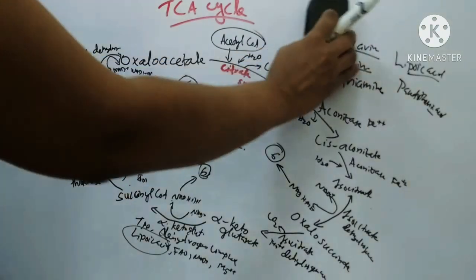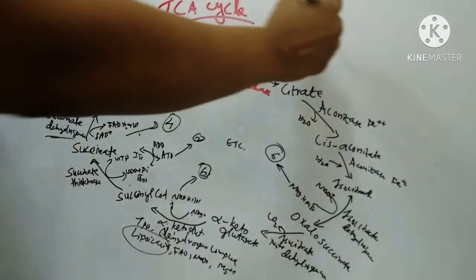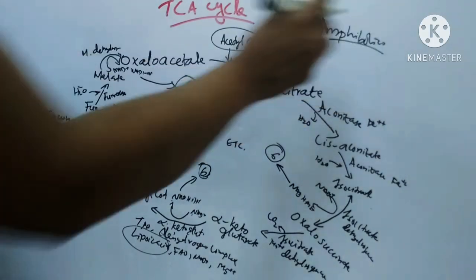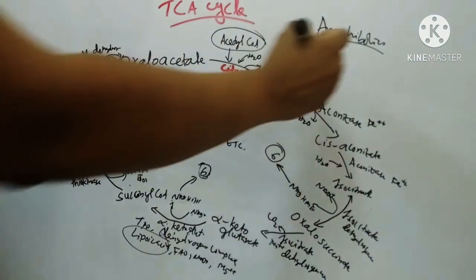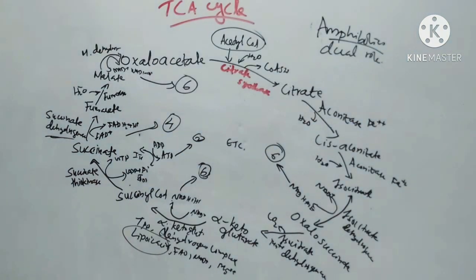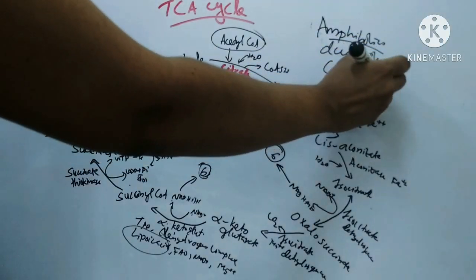Then the TCA cycle is called amphibolic in nature because it has a dual role: catabolic and anabolic.